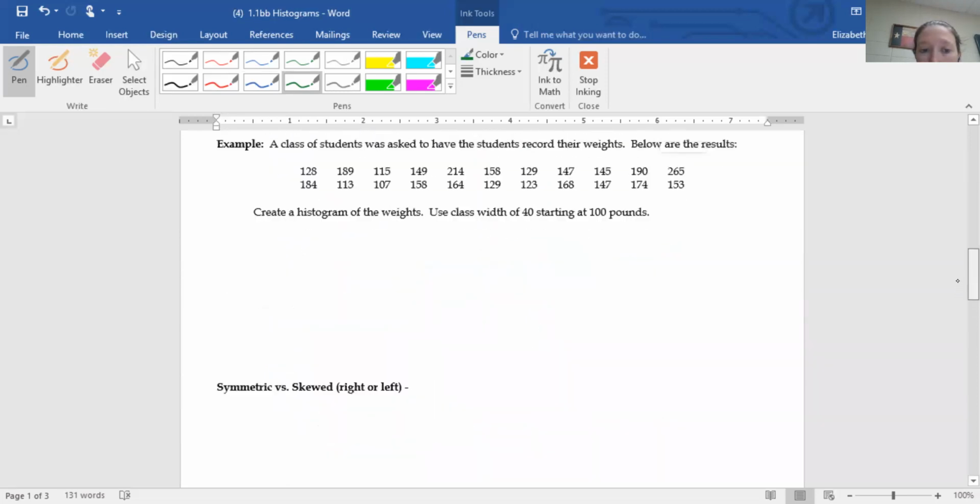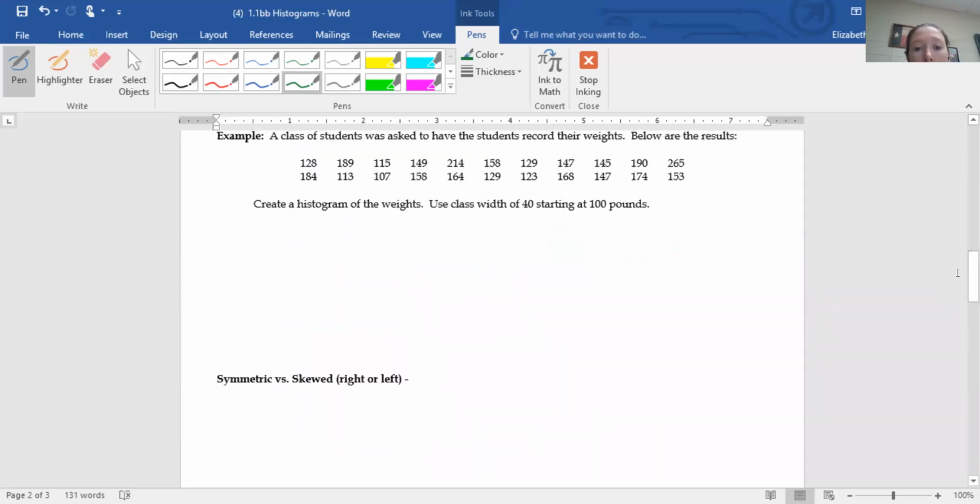All right. A class of students was asked to record their weights. Here are the results, and we got all their weights. We want to create a histogram of the weights, using a class width of 40, starting at 100 pounds.